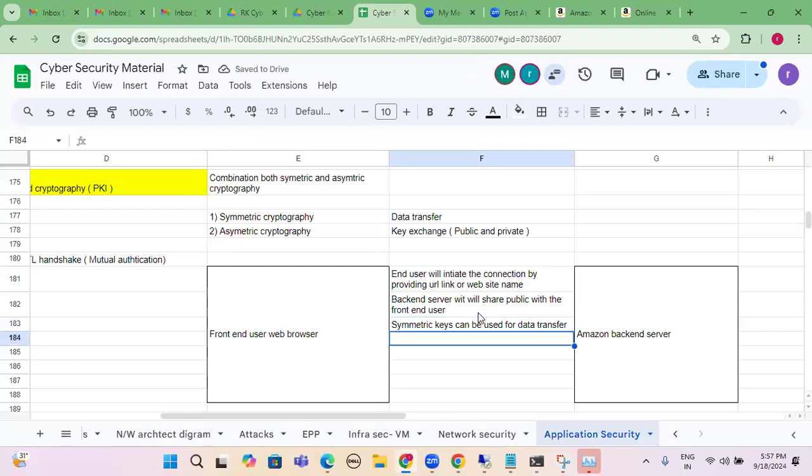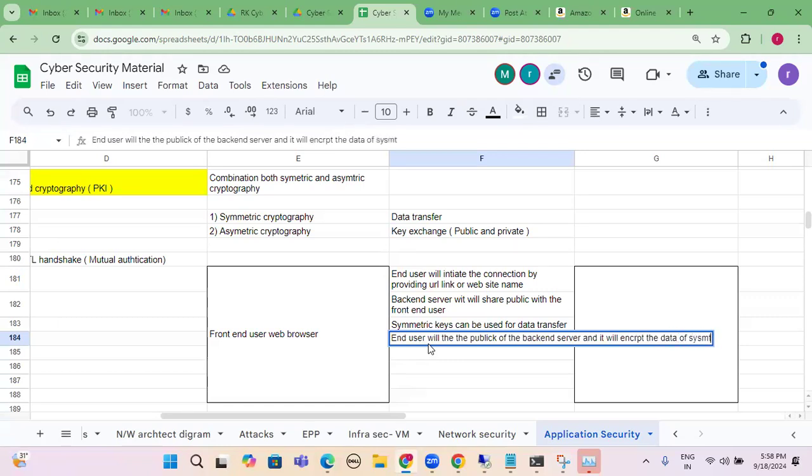Now, the public key provided in the second step by the backend web server, I have to take. Using that public key, I have to encrypt the data. The end user will take the public key of the backend server and encrypt the symmetric data, and in such a way an encrypted channel will form.